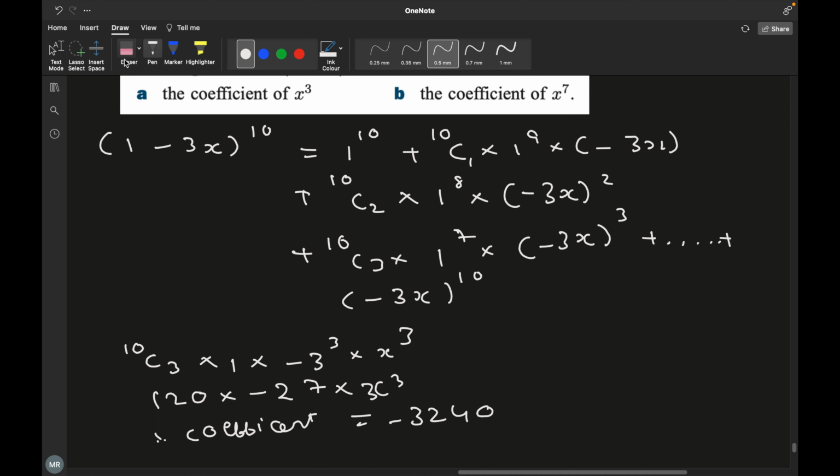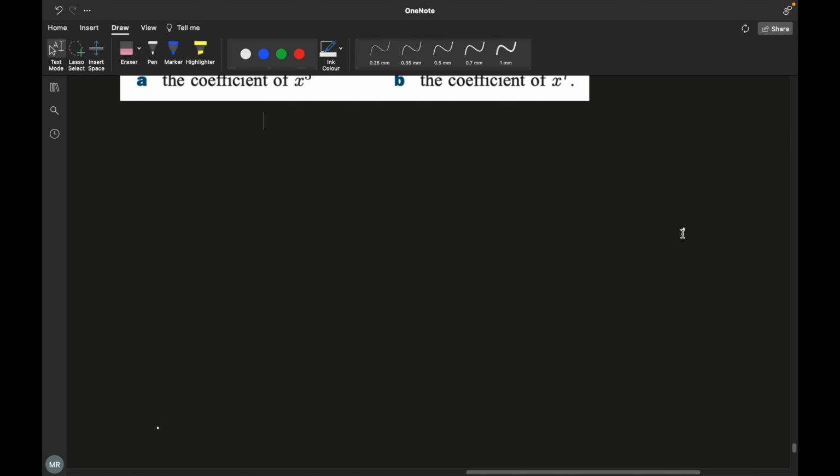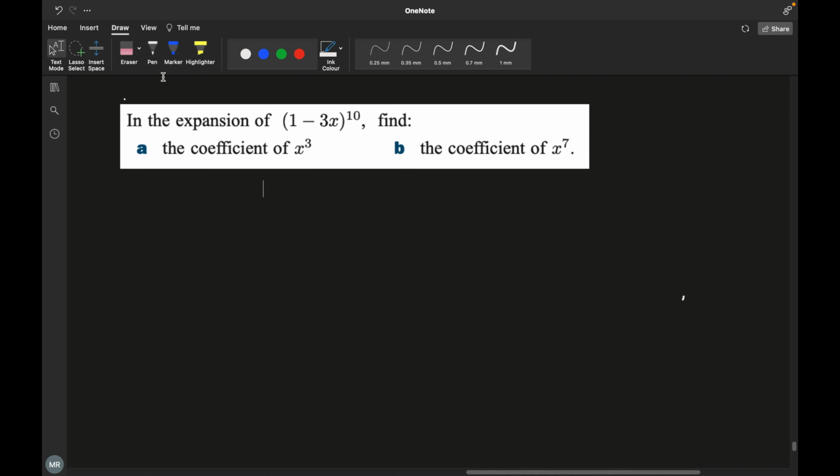Now let's solve the next one. We have the same one, but now, instead of doing 1 minus 3x, let's take this as (negative 3x plus 1). I'll tell you why this is more efficient. First, let's expand this.